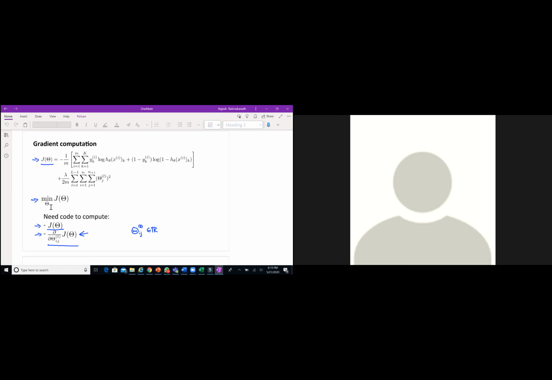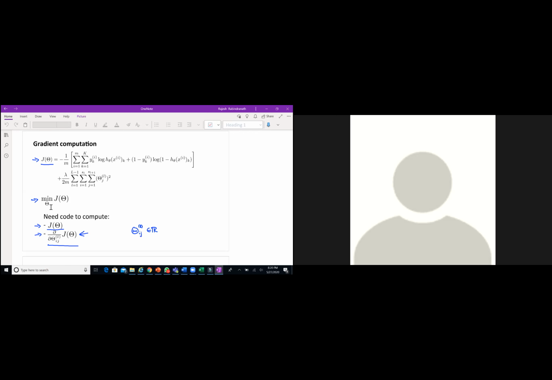So that is why when you calculate the gradient computation, you have to minimize J theta for every value in that theta matrix. That is what the goal is. So is that clear? First of all, you need to minimize the cost function to the minimum possible value. That is what the gradient descent computation does, right?